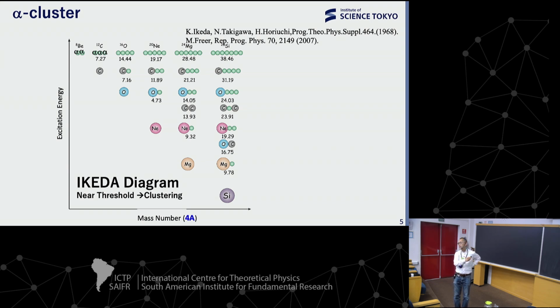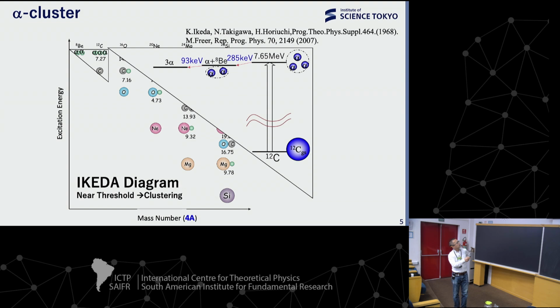This is the excited state, the Hoyle state, 3 alpha particles like this. So we just pick up this part. So this is nothing but the triple alpha reaction part, like this. So this alpha cluster appears very close to the decay threshold, that we know. Okay. So this is the concept of the Ikeda diagram, basically.